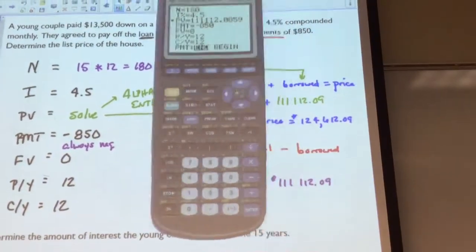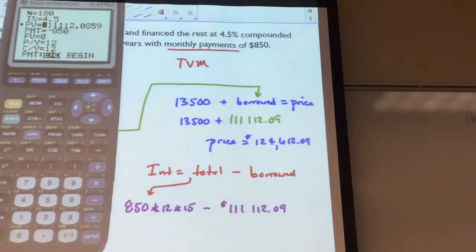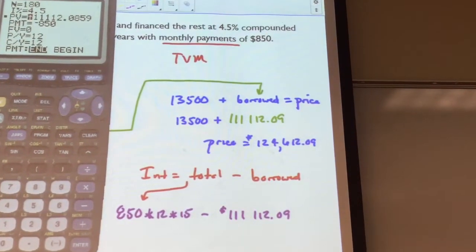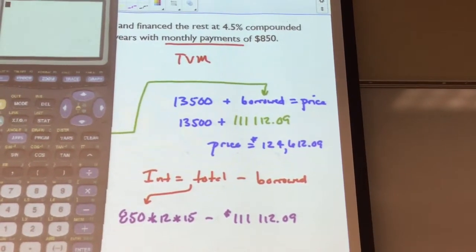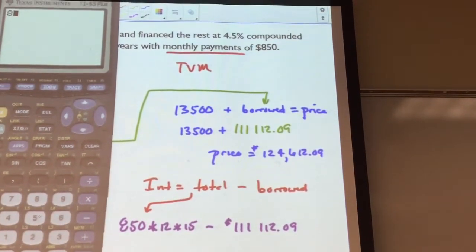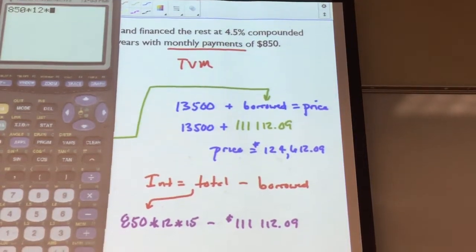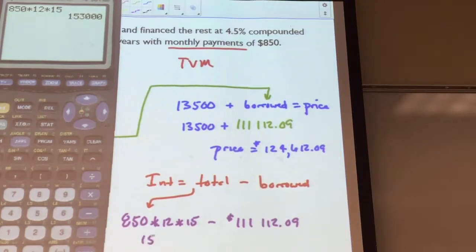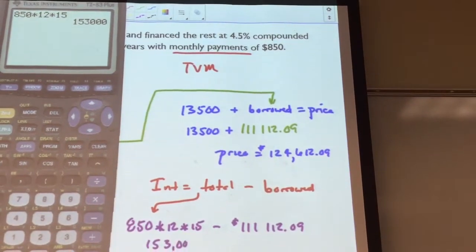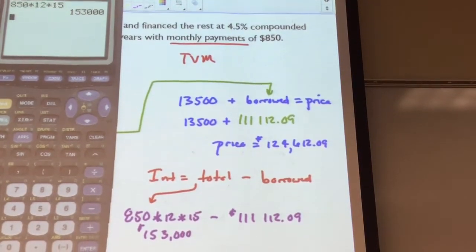So now you're back to the TVM, but not the TVM because it's designed to find individual ingredients. You've got to get back into the home screen, which means you have to quit out of that screen. So you're $850, 12 payments for 15 years. You paid $153,000 out of your pocket for that house, in addition to the $13,500 you paid to begin with.